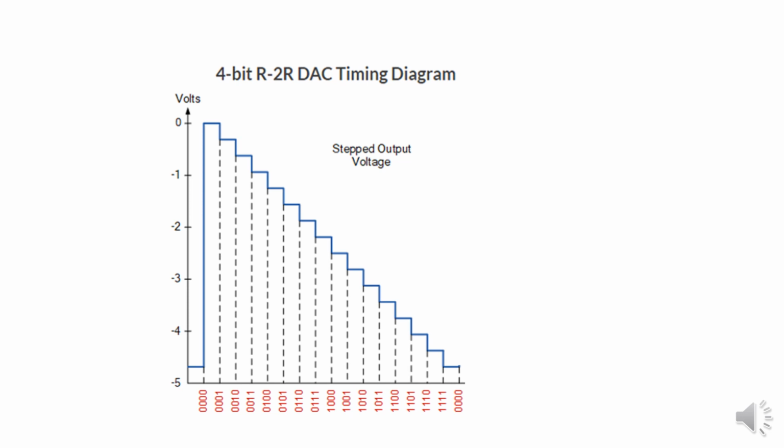All these are in the negative direction because it is connected in inverting mode. For 3 you will get minus 3 times the LSB value. Likewise, you should plot the graph from 0 0 0 to 1 1 1. This is how the experimentation will be done.